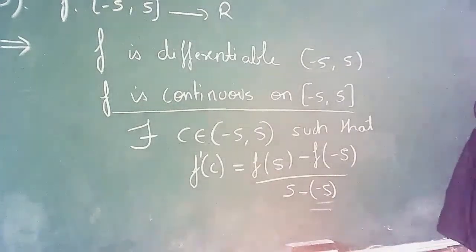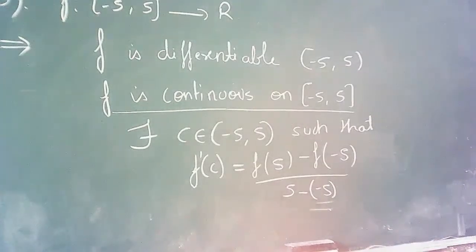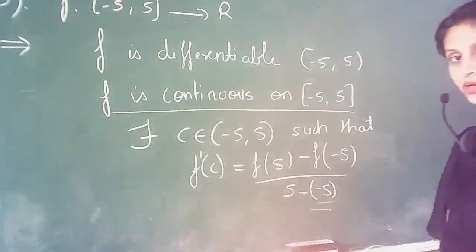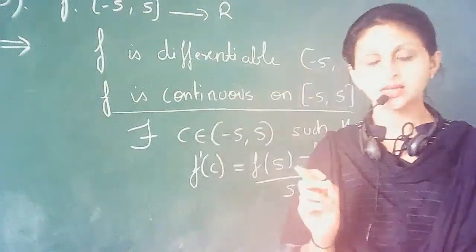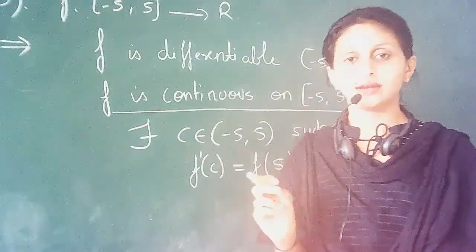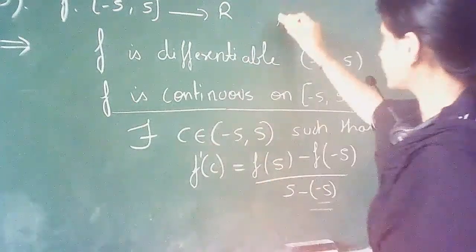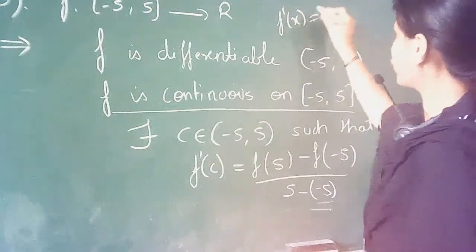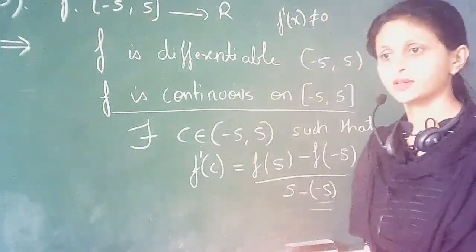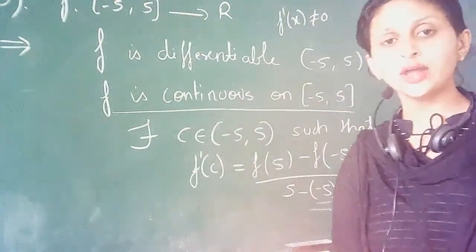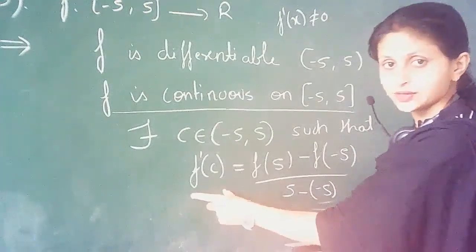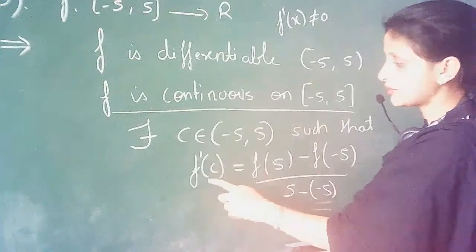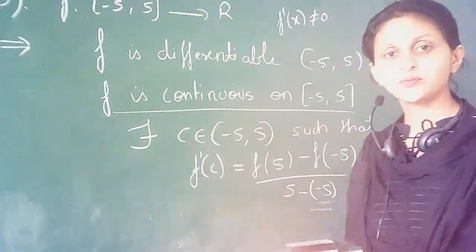So now, the third thing that was given: they told us that f dash of x doesn't vanish anywhere. Means what? f dash of x is not equal to 0 for any x. So here you can see we have f dash of c. From that given thing, can I say that f dash of c is not equal to 0?